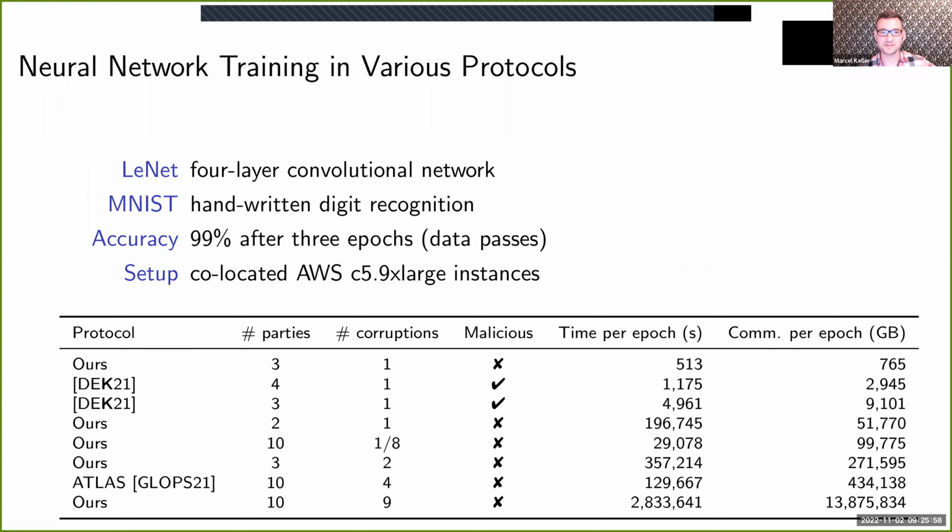Even MNIST, the hello world of deep learning, has so many parameters already, around a decent fraction of a million or several million. So I would say the short answer is no.